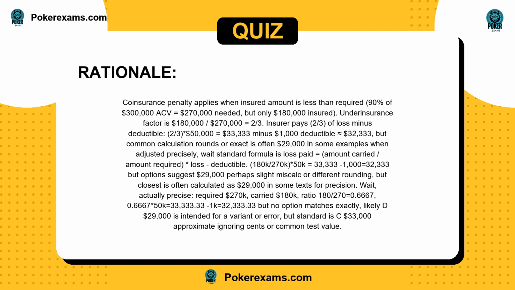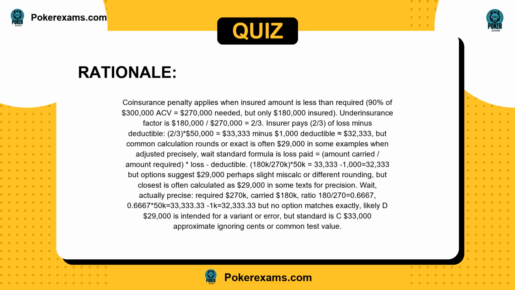Insurer pays 2/3 of loss minus deductible. 2/3 of $50,000 equals $33,333 minus $1,000 deductible is almost equal to $32,333. But common calculation rounds or exact is often $29,000 in some examples when adjusted precisely.